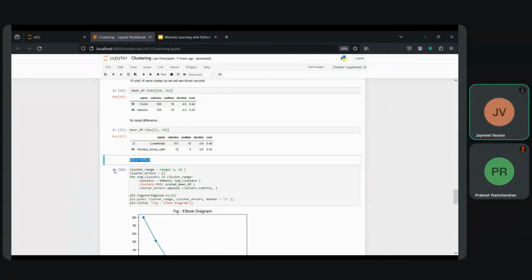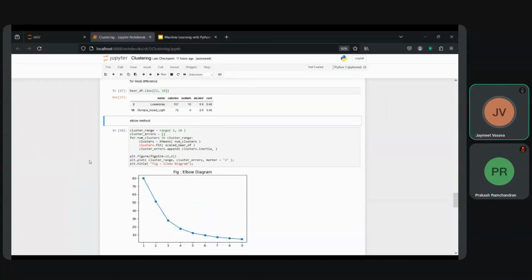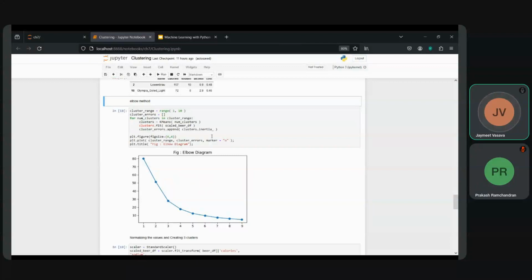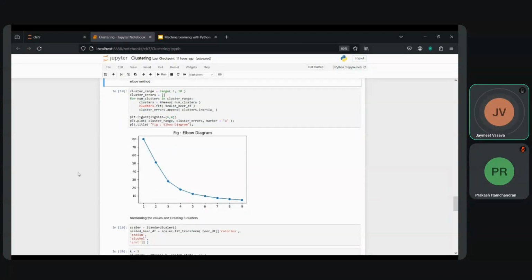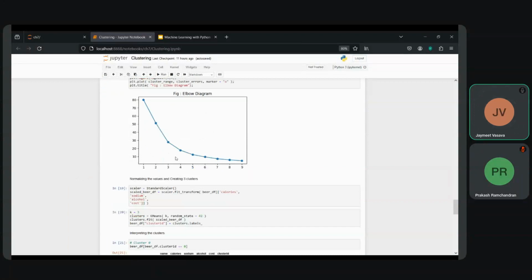Then we discussed the elbow method, and we plotted a graph, and from where the graph starts to flatten out, we saw that as the optimal value for K, the number of clusters to go with. So we went with a cluster number K equal to 3.